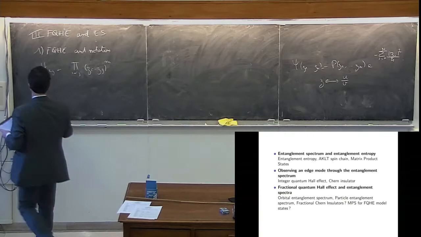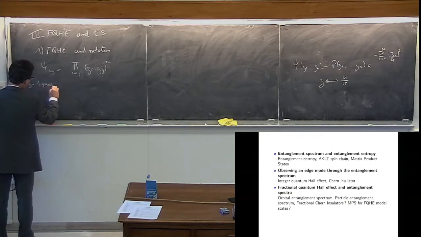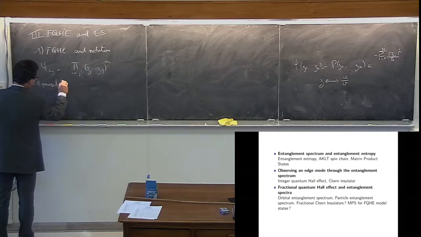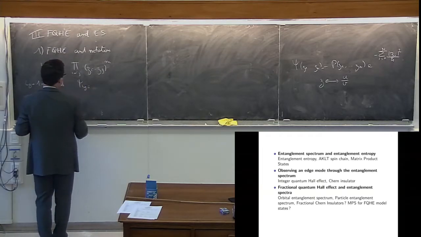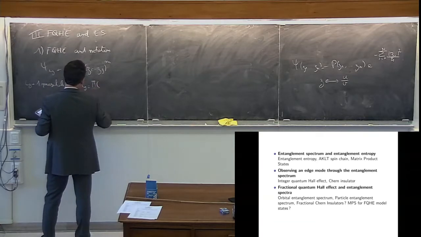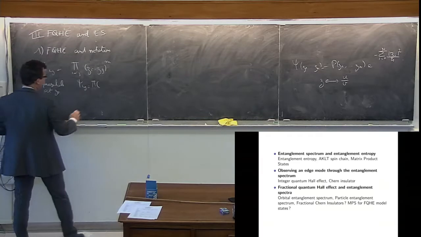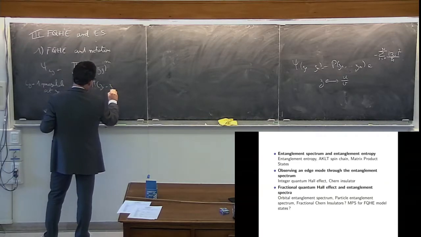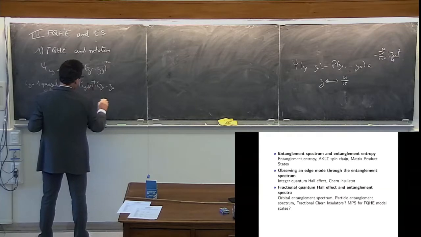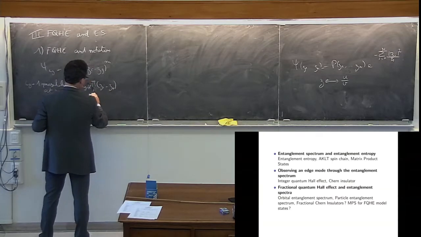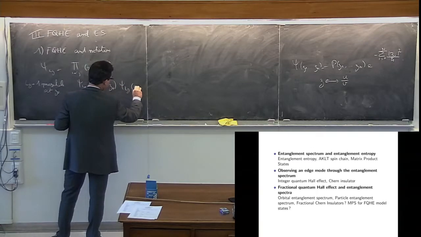So you can write down the wave function for the Laughlin state plus one quasi-hole, just be the product, let's say one quasi-hole at coordinate z0, product of (z_i - z0), this is plus one QH, times the Laughlin state.